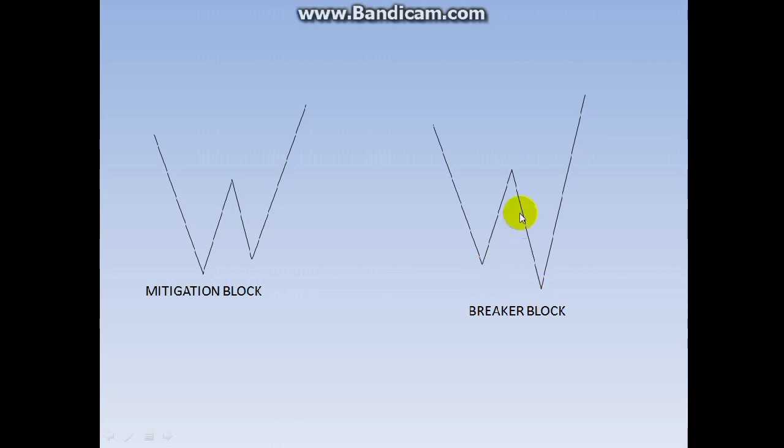For a breaker block, those with stops resting below here are a run on liquidity for those looking to trade the continuation pattern, and maybe quick scalpers who saw this price leg and sold this short-term rally. That is the difference between the two.